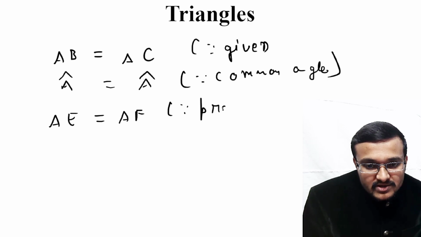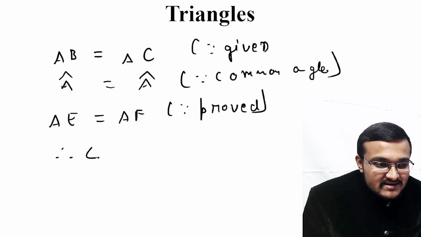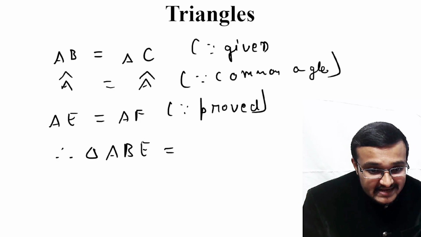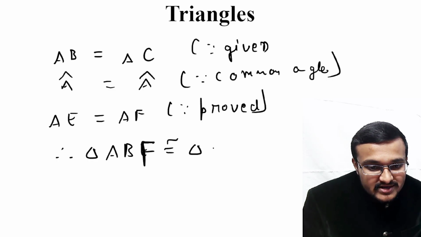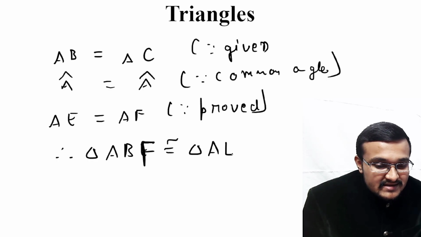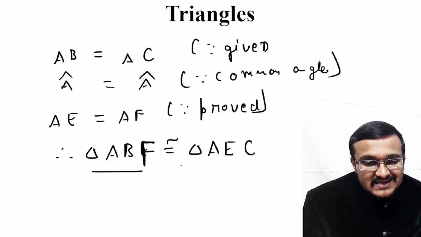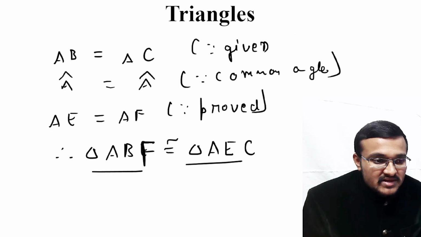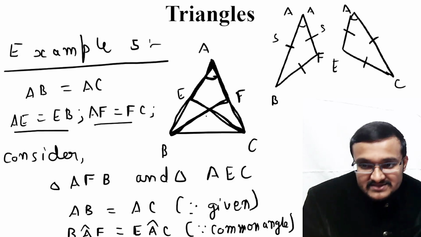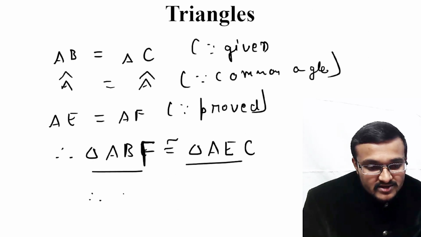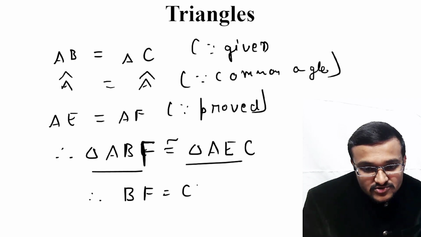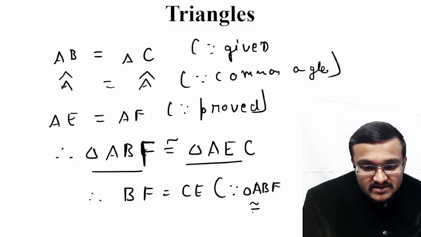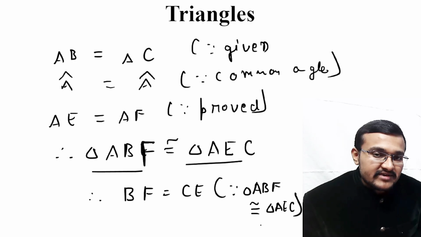Therefore triangle ABF is congruent with triangle AEC. Because triangles ABF and AEC are congruent, this particular side BF and EC will be equal to each other, or BF is equal to EC. This is because triangle ABF is congruent with triangle AEC. So this is what they have asked to prove, and we have proved.